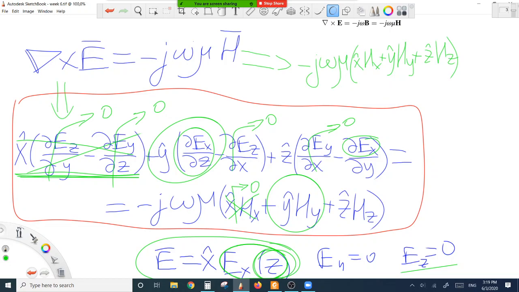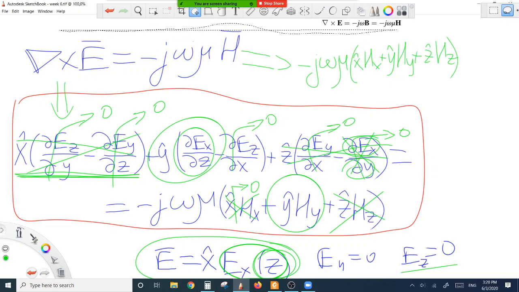If Ex depends on z and Ex is independent of y, this derivative will also be 0. So we will not have a z component. The z component as well simplifies. So let me continue here in order to conclude.